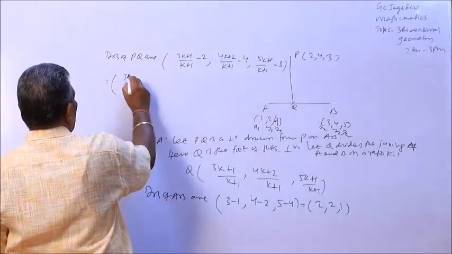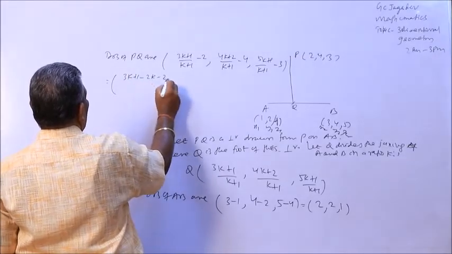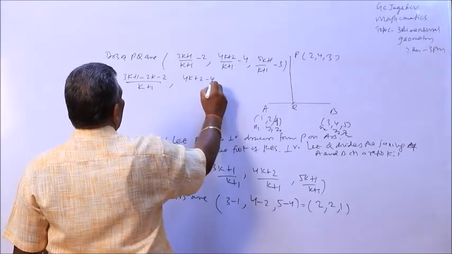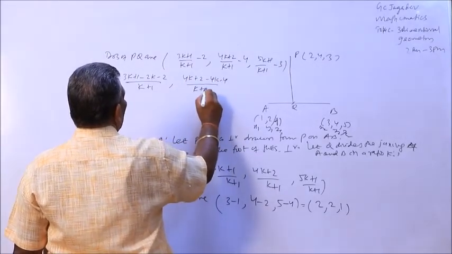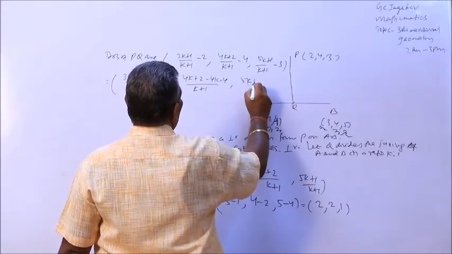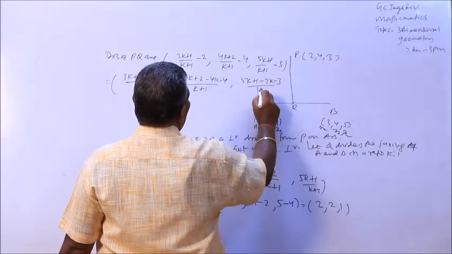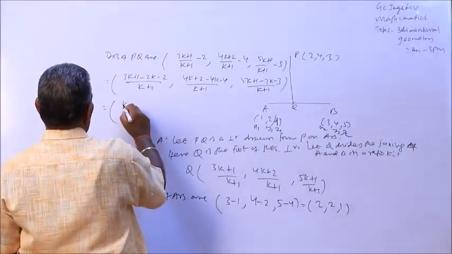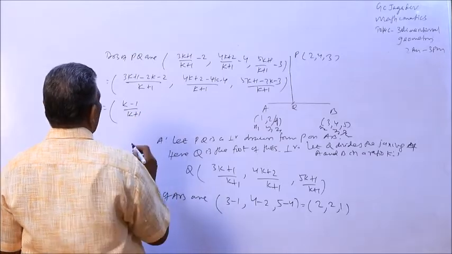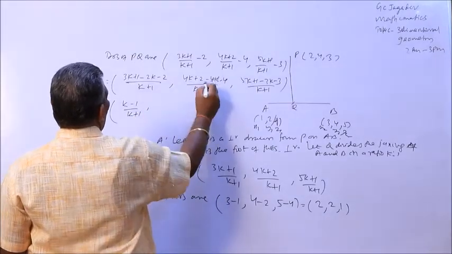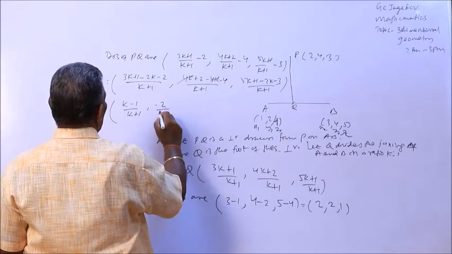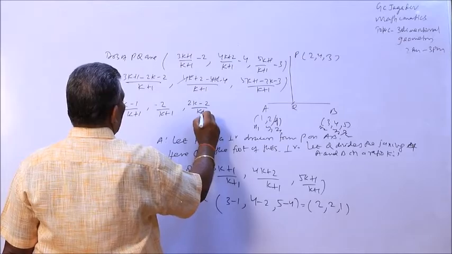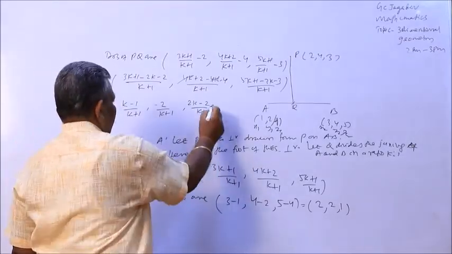That is (3k plus 1 minus 2k minus 2) by (k plus 1), (4k plus 2 minus 4k minus 4) by (k plus 1), (5k plus 4 minus 3k minus 3) by (k plus 1). That is (k minus 1) by (k plus 1), minus 2 by (k plus 1), (2k plus 1) by (k plus 1), like this.